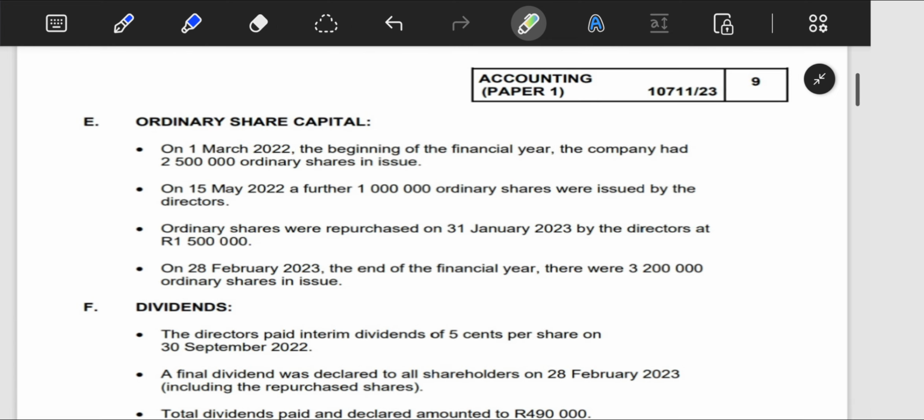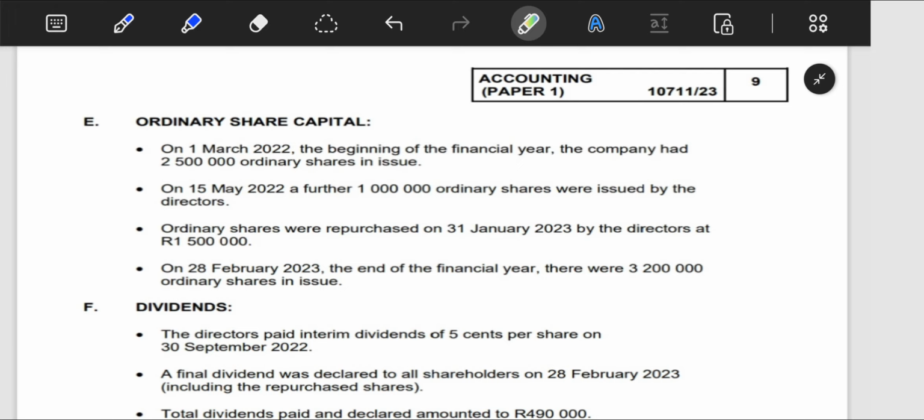The share buyback only happened just 1 month before we close our financial year. Where am I going with this? Directors can be lenient to say, no man, these people had the shares for the whole year and we only bought them back just a month before we declare final dividends. So, they qualify.